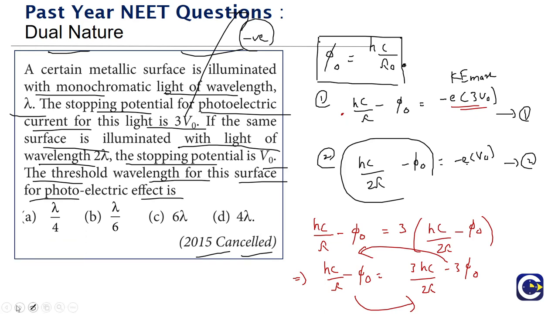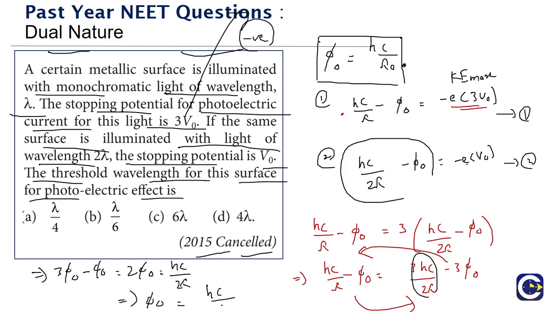So from here, the left hand side is 3 times work function minus work function, that is 2 times work function, equal to the right hand side 3 hc by 2 lambda minus hc by lambda, that is hc by 2 lambda. So work function is equal to hc by 4 lambda. Now we equate the work function to hc by lambda naught.